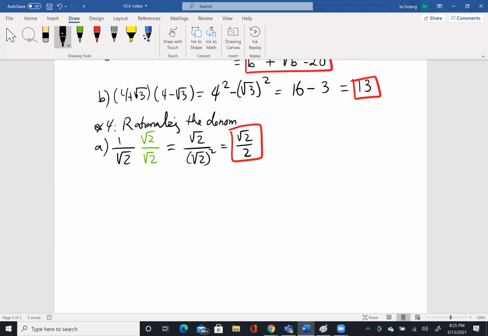And then let's move to B. So I have, let's say, square root of x over 24.